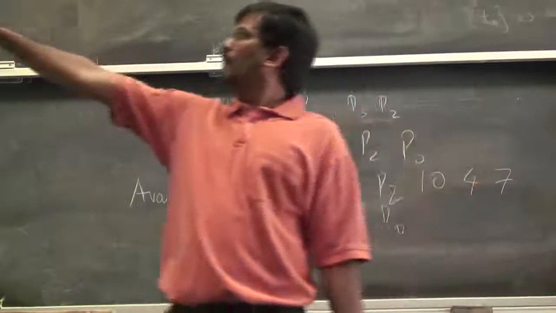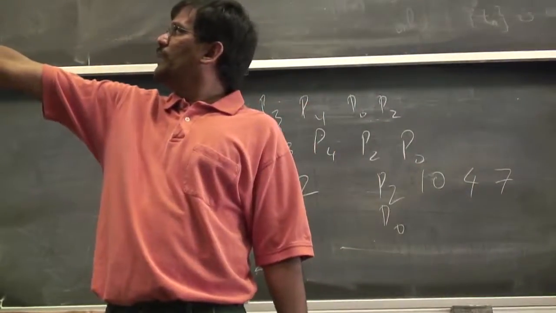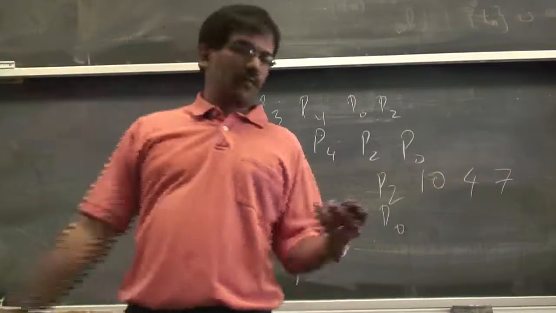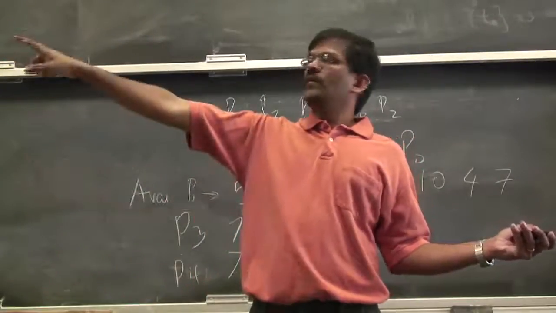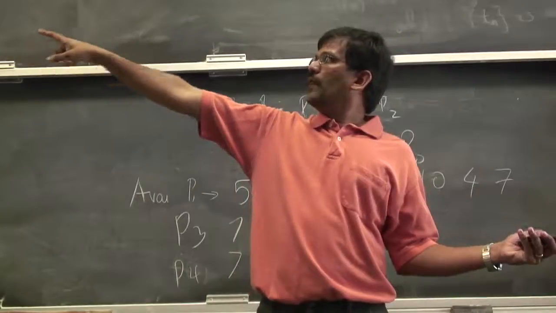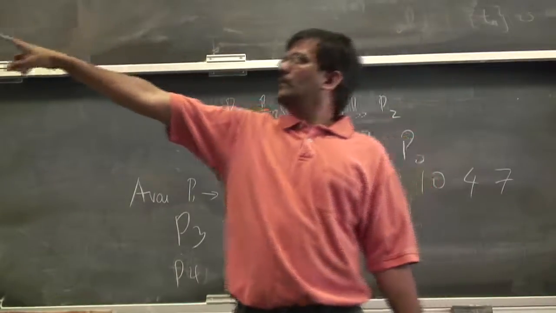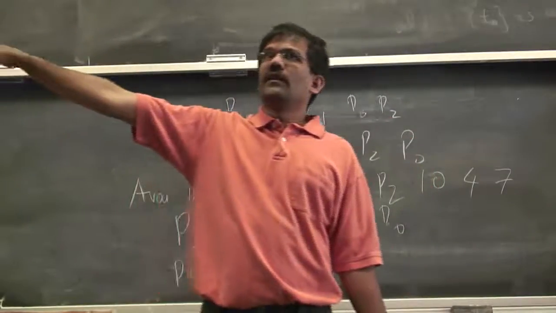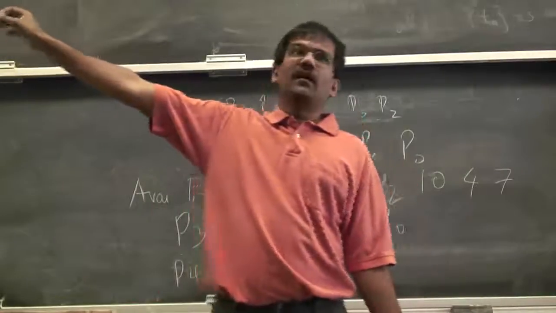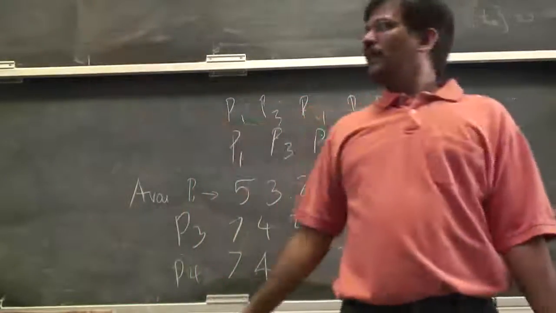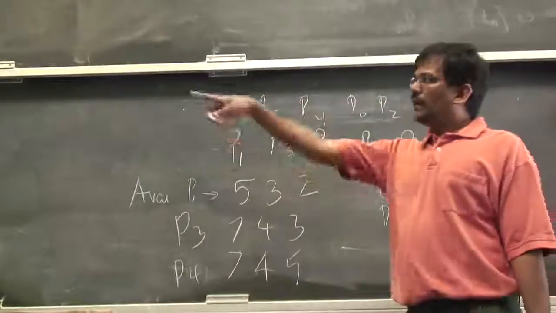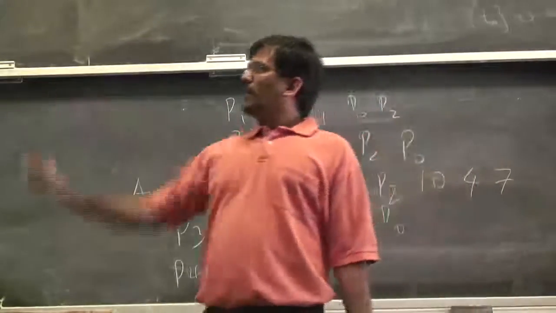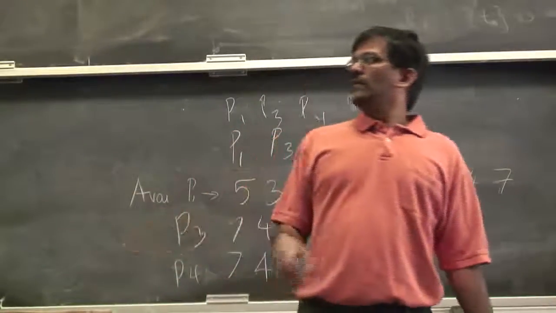P1 requested the resource, so P1 previously had 2, 0, 0, and now it asks for 1, 0, 2, so now it has 3, 0, 2, right? So the available resources are now 2, 3, and 0. So the first question: if P4 requests 3, 3, 0, can that be granted?